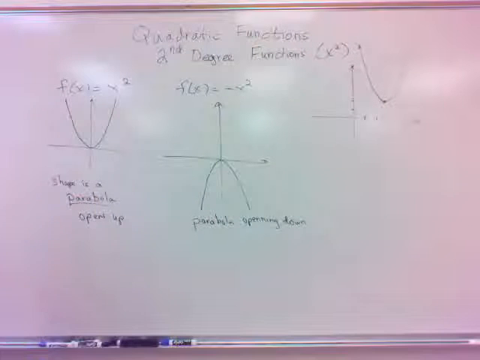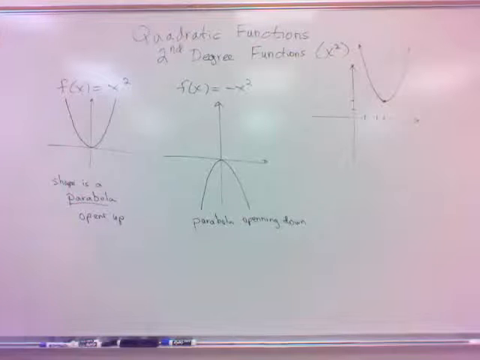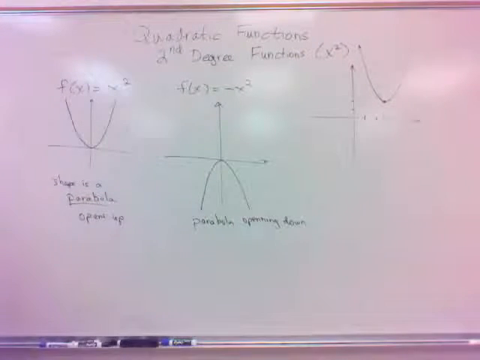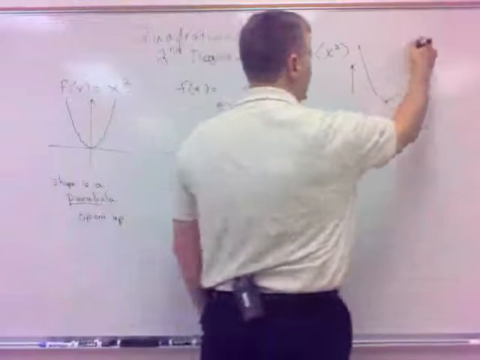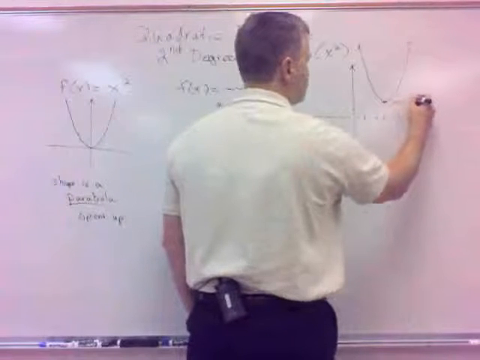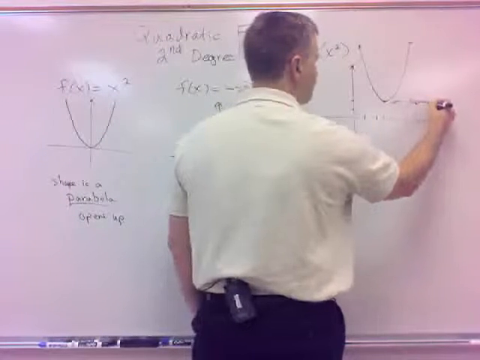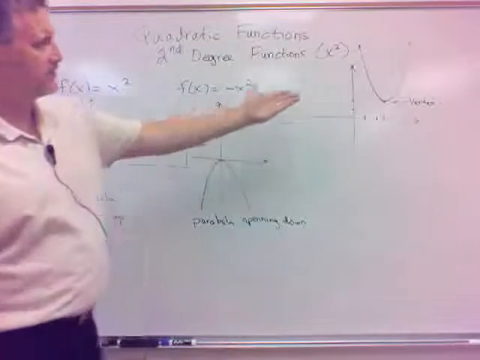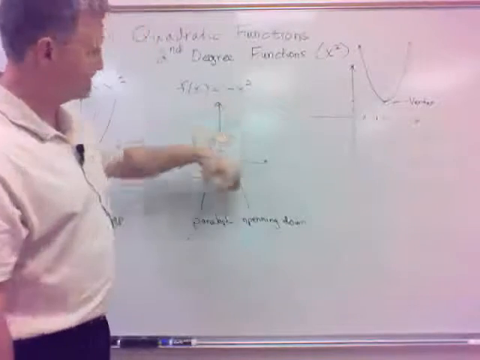A lot of these that we're going to see are parabolas that are shifted off of the 0, 0 point there. Okay, but anyway, this point here, call it the turning point because, you know, in this case it's a low point. When it opens down, you got a high point.